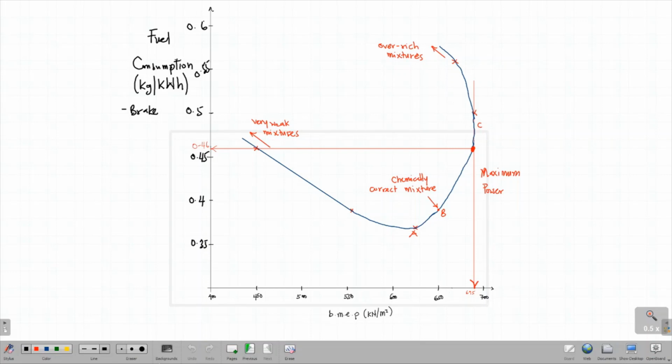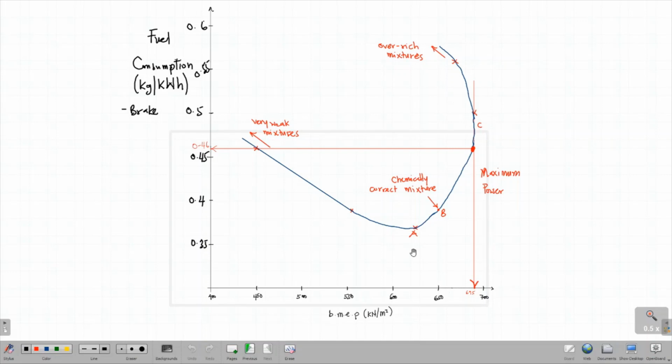Now, as the mixture strength is increased, that is from left to right, the brake mean effective pressure increases, whilst the fuel consumption per kilowatt hour decreases until it reaches a minimum value at point A. Here, the engine is developing power by the most economical mixture.